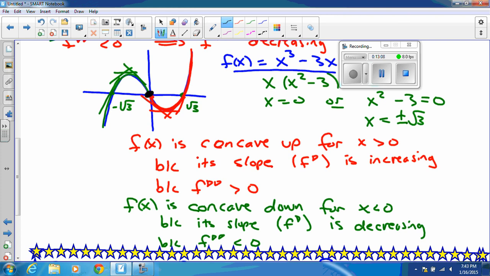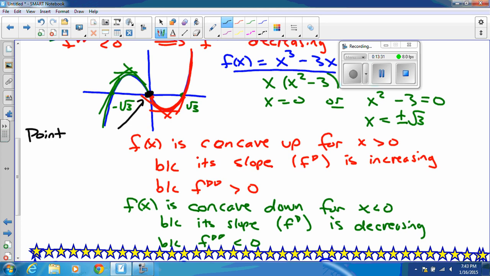Now, right where the curve changes from concave up to concave down, or you might say concave down to concave up, if we're going increasing x, which we usually do. So right at this point right here, we have a change in concavity.